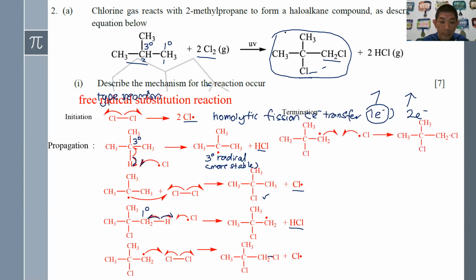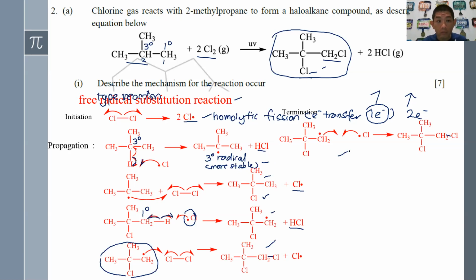The termination step takes two radicals to undergo bond fusion, forming the covalent bond between the CH2 radical and the Cl radical to form our final product. These are the step-by-step stages of free radical substitution. If you count properly, there are 7 things you describe here: 1, 2, 3, 4, 5, 6, 7. That is how you get the 7 marks for this question. With that, that is how you answer 2A.